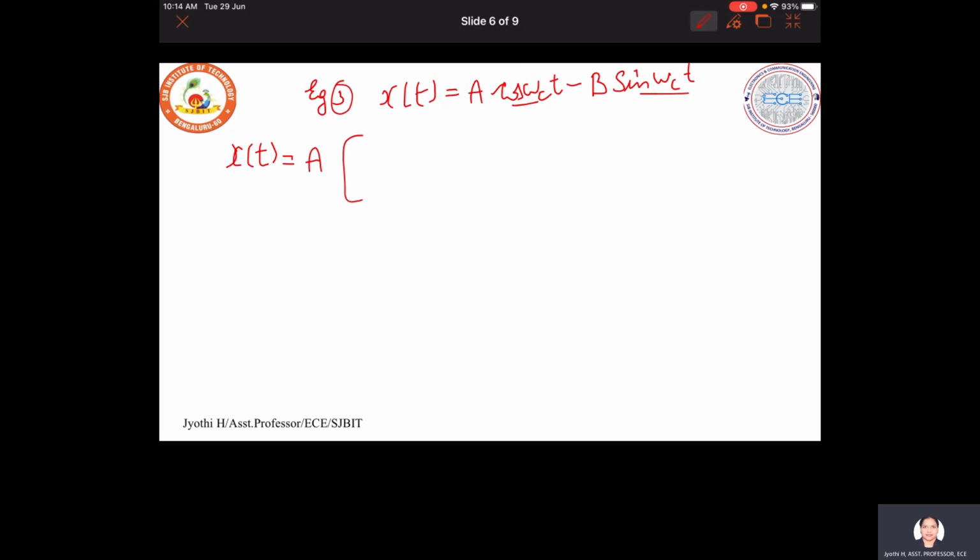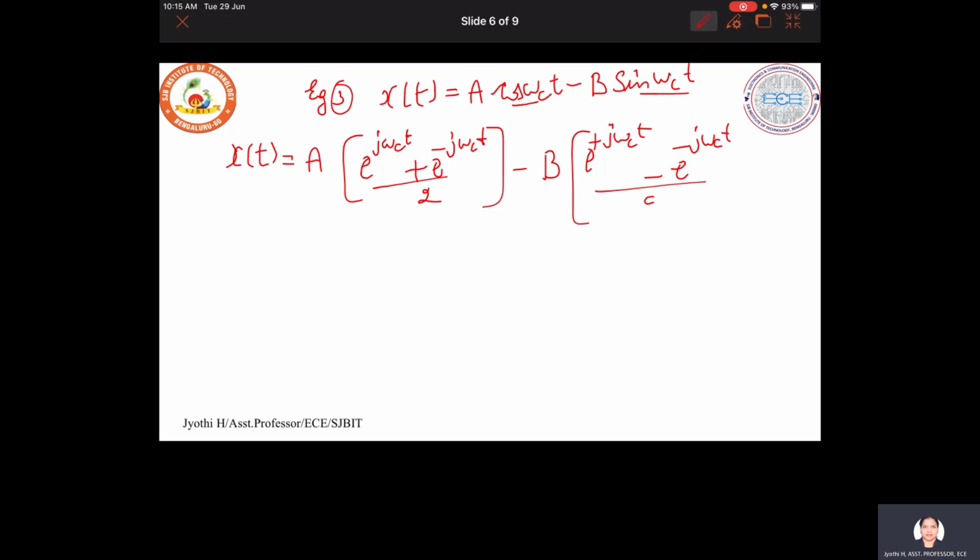That is a times e to the power of j omega ct plus e to the power of minus j omega ct, divided by 2, minus b times e to the power of j omega ct minus e to the power of minus j omega ct, divided by 2j.